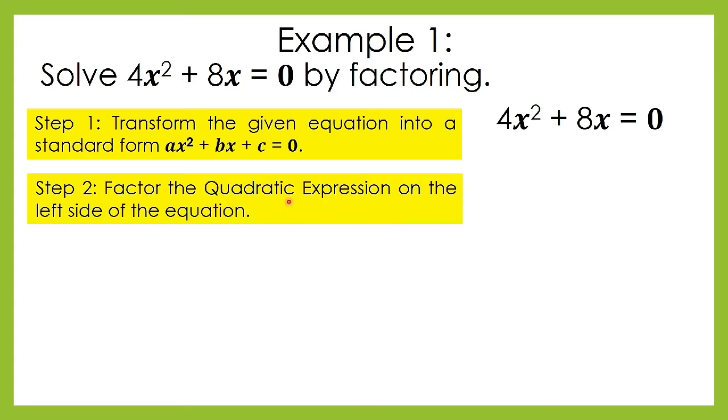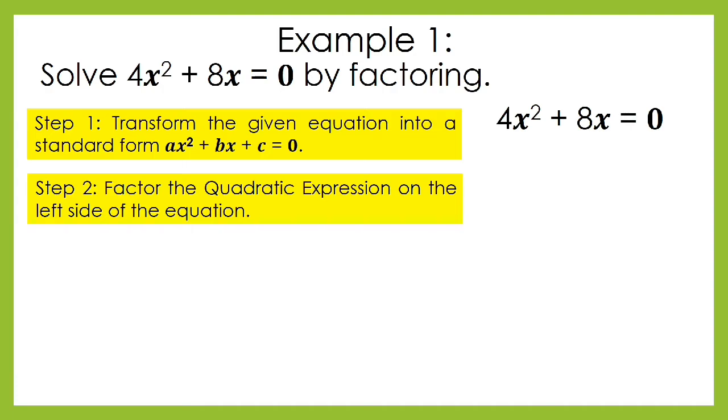Factor the quadratic expression on the left side of the equation. We will factor 4x squared plus 8x. Ito yung nasa left side ng equation. To get the factors, we will get the greatest common factor of 4x squared and 8x.